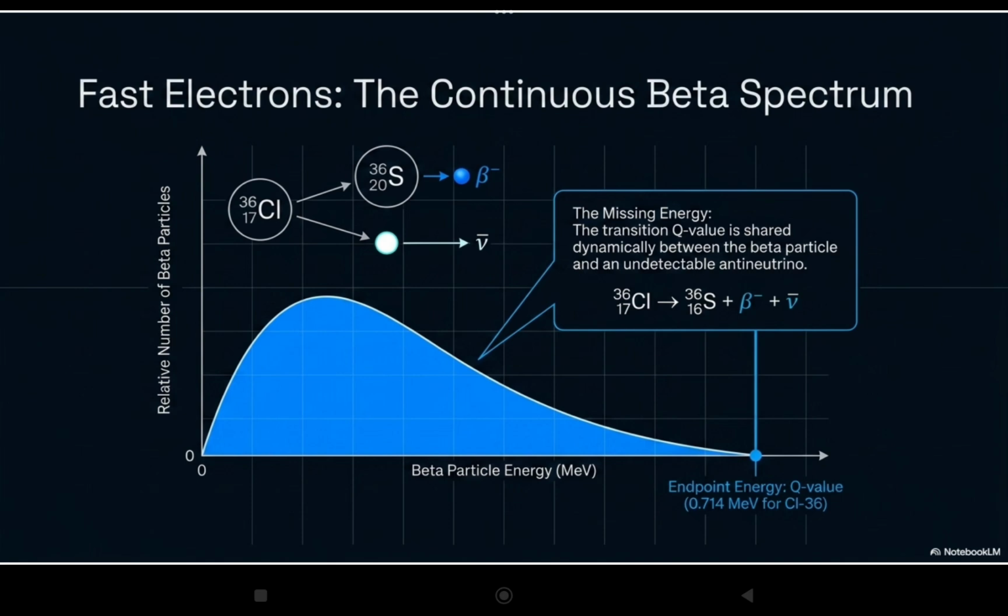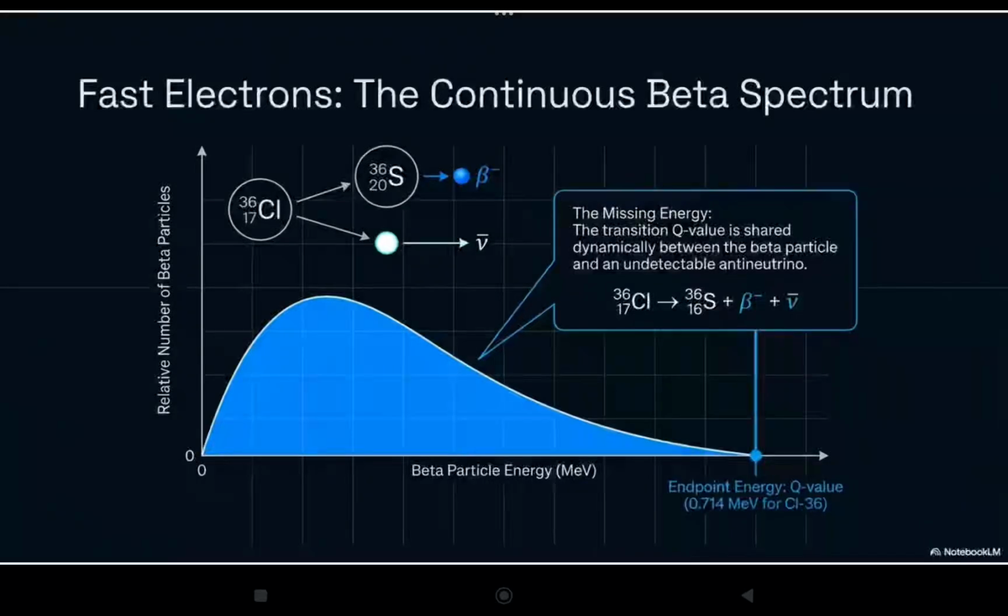Fast electrons from beta decay produce a continuous spectrum, and that is one of the defining features of beta emission. The reason is simple. The decay energy is shared between the beta particle and the antineutrino, so the electron does not come out with one fixed energy. Instead, the spectrum extends from very low energies up to an end point, which equals the Q value of the decay.